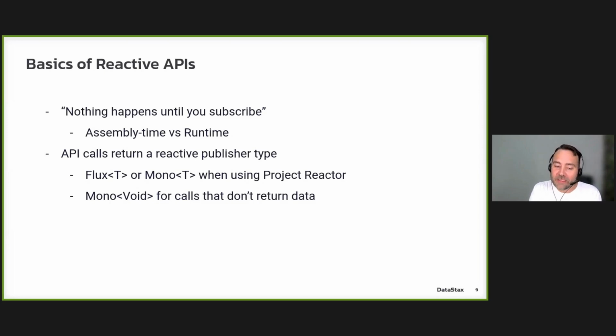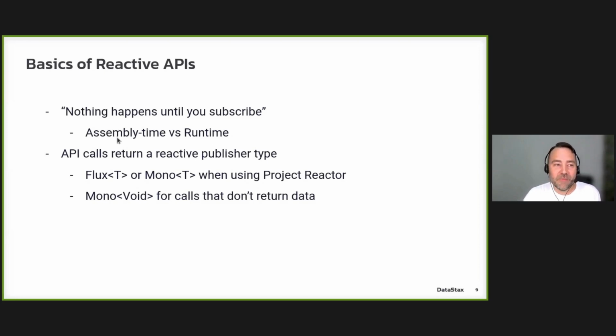You could think of the call as building the pipeline for the reactive streams. And then when you subscribe on that pipeline, that's when the execution begins. That's the runtime part. That's the hardest part, but when you grasp that, then you'll get what reactive programming is about.